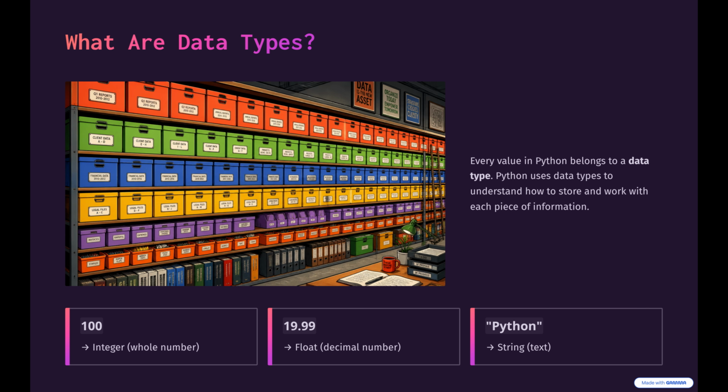For example, the number 100 is an integer and the number 90.99 is a float, and the word Python is a string. Understanding types of data is very important because almost everything we do in programming is based on storing and working with different types of data.